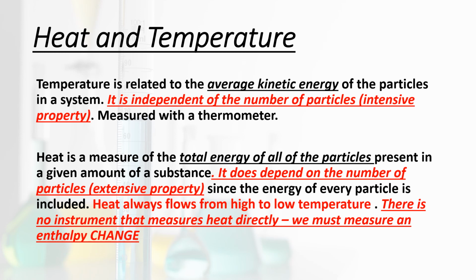Now, temperature is actually independent of the number of particles, something we call an intensive property. This might sound odd given that I've just said it depends on how many particles we have. The reason it's intensive is this: let's say I have 100 particles.